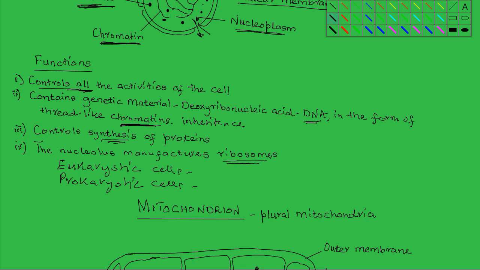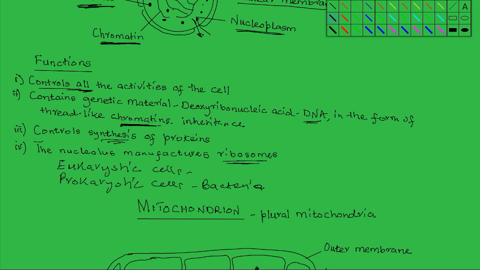A good example of prokaryotic cells are the bacterial cells. All bacterial cells are prokaryotic in that they do not have a distinct membrane-bound nucleus.